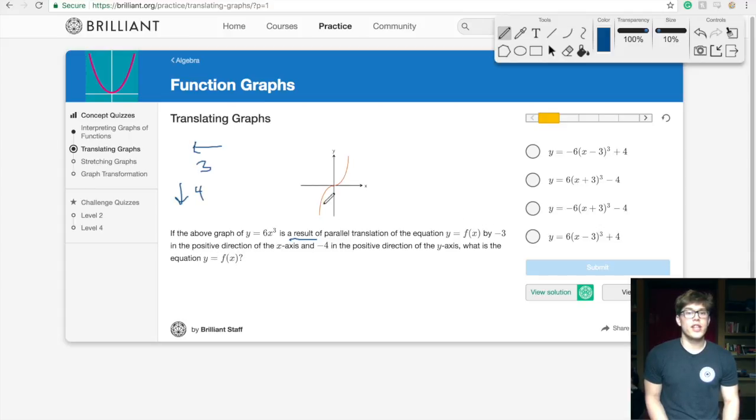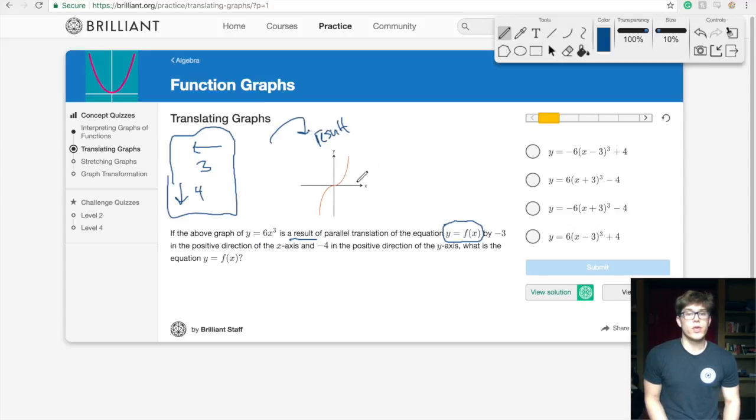So what we're seeing is the result. Okay, this is key. This is the result. We want to figure out the function that after these translations caused this result.